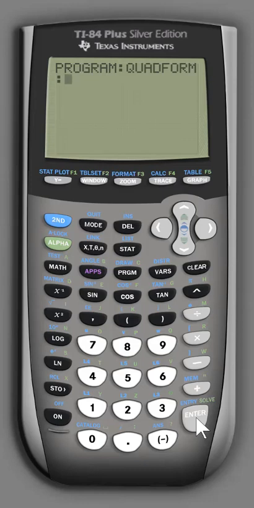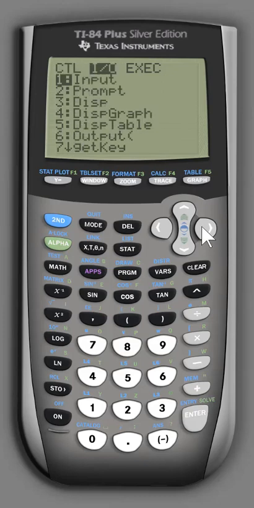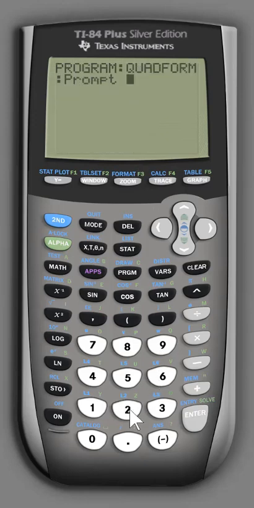Now, the first thing we want to do is get the input information. So I'm going to select Program, and I want the input-output commands. So I'm going to move over, and I want the calculator to prompt. So that's going to be option number 2.